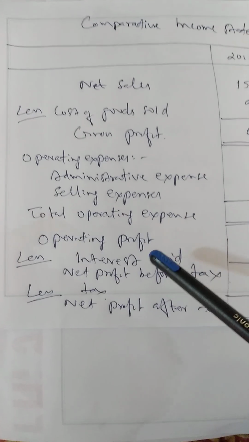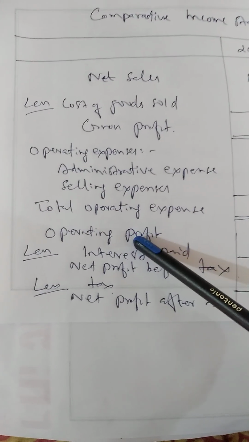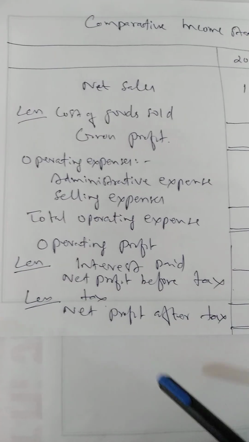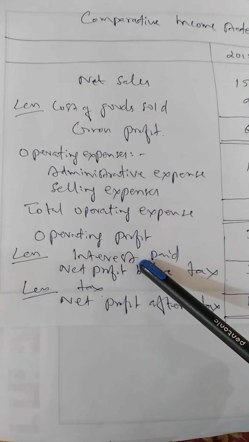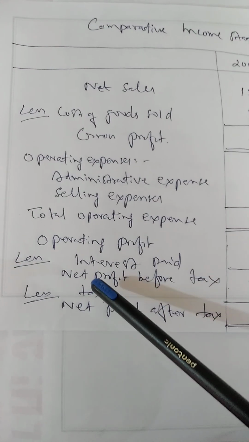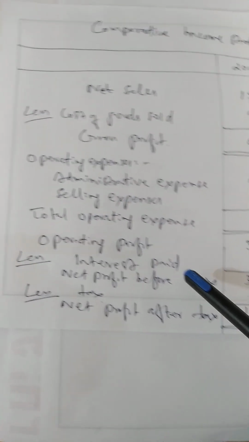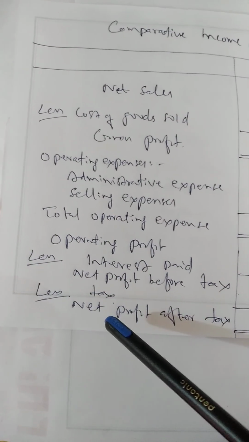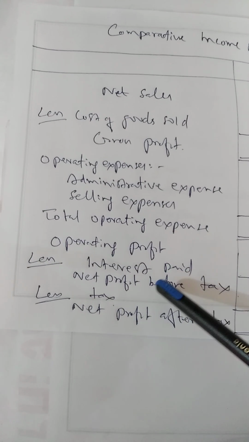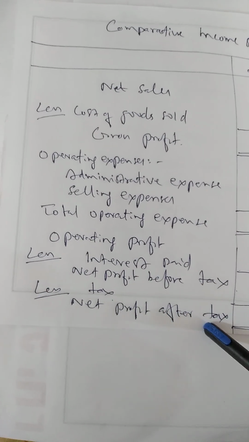Then we get the operating profit. Out of this operating profit, we have to deduct the non-operating expense, which is interest, and then we get net profit before tax. From this amount, we have to deduct the tax, that means income tax. On deducting income tax from this amount, we get net profit after tax.